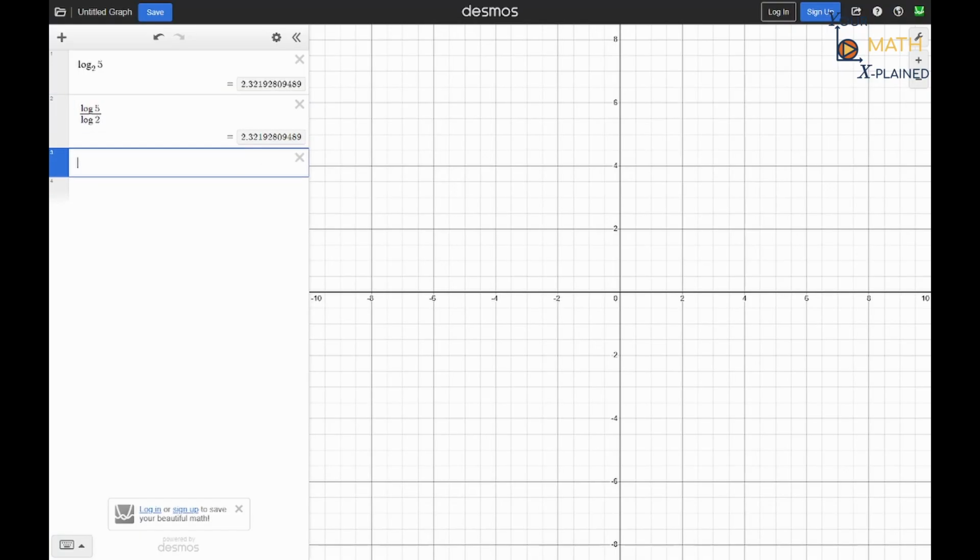We can actually go ahead and pick another base. Let's say we want to pick base 4. Then this would be log base 4 of 5 divided by log base 4 of 2. And again, we get the same number. So regardless of which base you pick, you will always end up with the same number. And that is the beauty of this change of base rule.